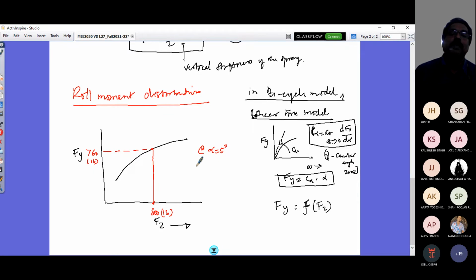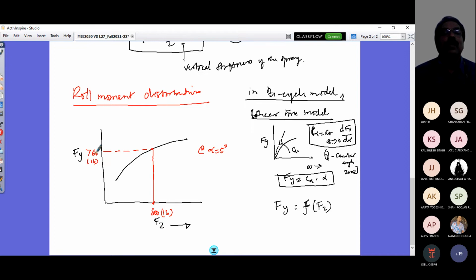This is the case study where they have plotted the variation of Fy as a function of Fz. For a given single tire wheel assembly, this normal load would create this much lateral force.